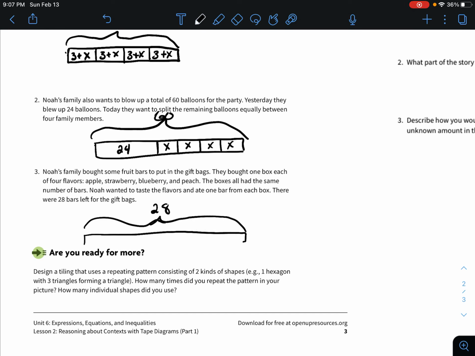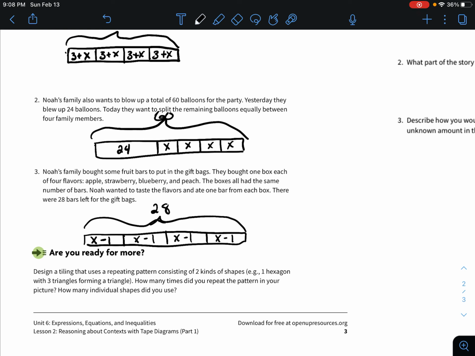We've got our tape diagram, and once again, we're breaking this into 4 boxes. So the 4 boxes are going to be even. And so there's X, and he eats 1 of each one. There we've drawn the tape diagram representing that story.